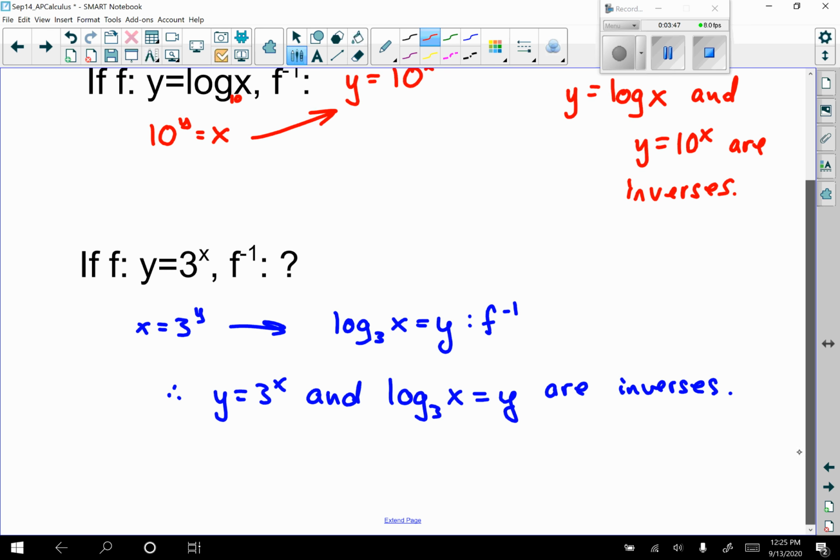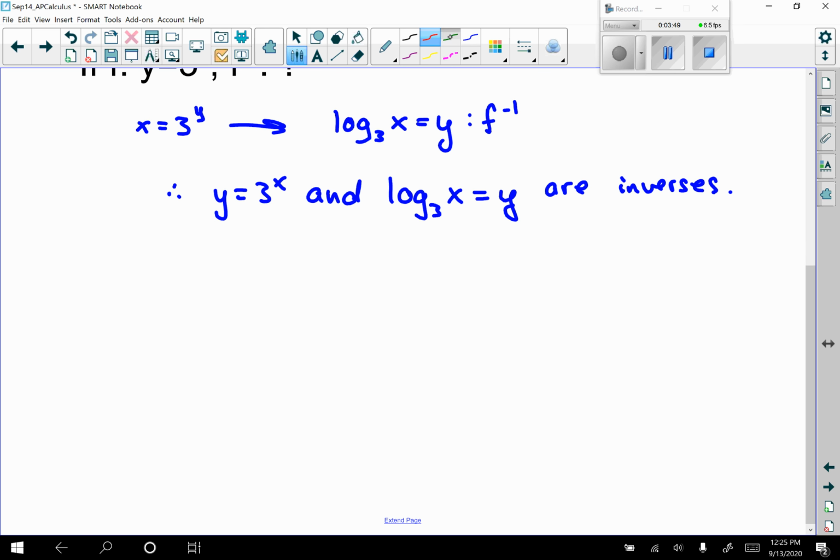So now we could generalize this, which we do a lot in this class. So now we could say y equals a to the x, and then y equals log base a of x are inverses. So anything of these forms will be inverses.